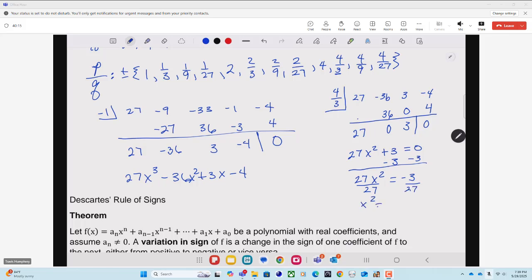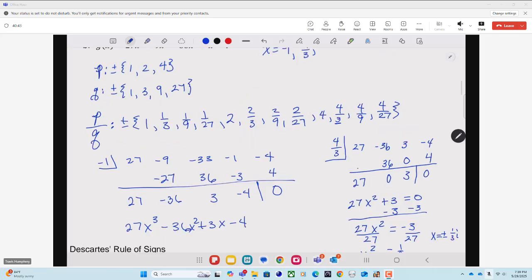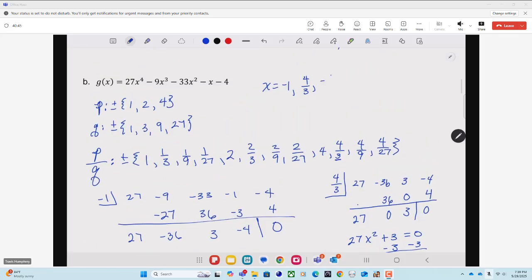So x squared equals -1/9. And then take the square root of both sides, you're going to get imaginary roots. So x equals plus or minus, the square root of 1/9 is 1/3, so we're talking 1/3 i. So we had 2 rational roots and then 2 imaginary roots.